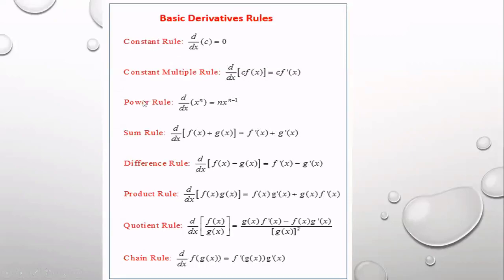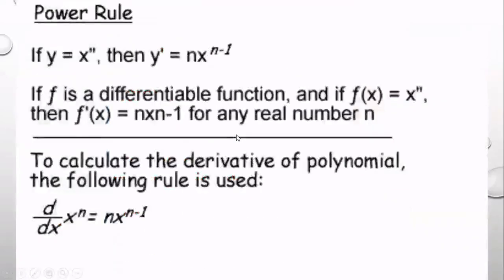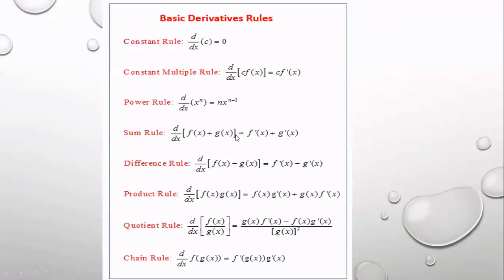Power rule, obviously you are clear. Sum rule, that is the additive rule, and the subtract rule or difference rule. Difference means subtract, adding is the sum rule. Product rule, multiply. Quotient rule, dividing. Chain rule, composite function differentiation.